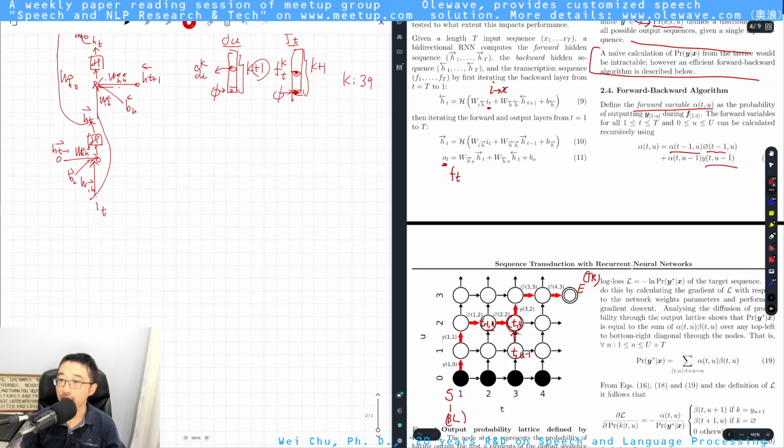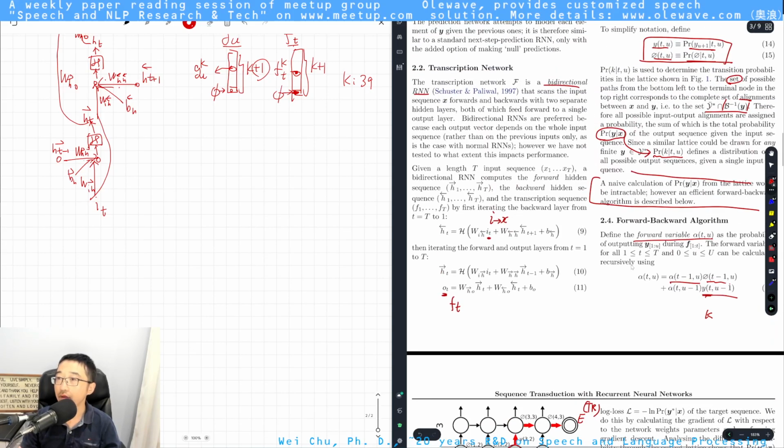Okay. And here, because from here to here, t does not change, right? But I would come up with a new output, which is k, okay?